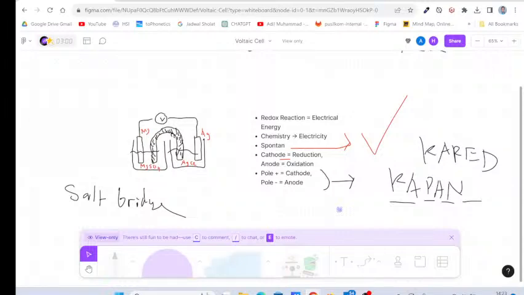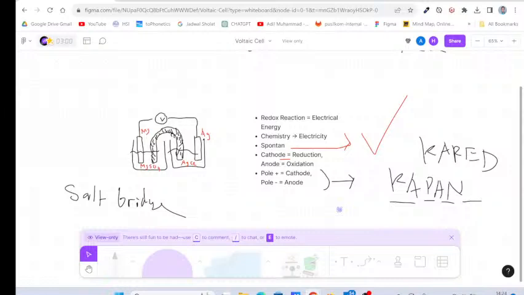So the lower it is, the stronger the reducing agent, or it is oxidation. Wait, what is that EV? EV is the voltage of the cell. Oh, voltage.